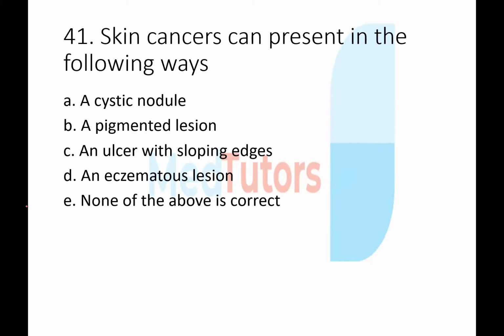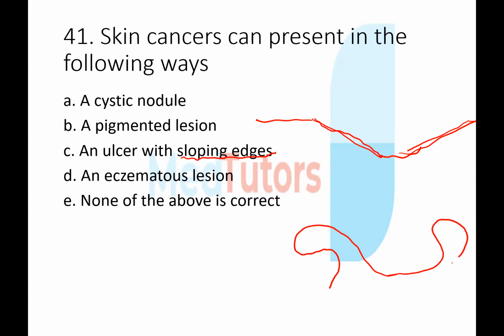Now you should know, when you see an ulcer with sloping edge, it's more of a healing ulcer. This is a sloping edge. Skin cancer ulcers usually present with everted edges, or a raised rolled edge. Okay, so that one is false.